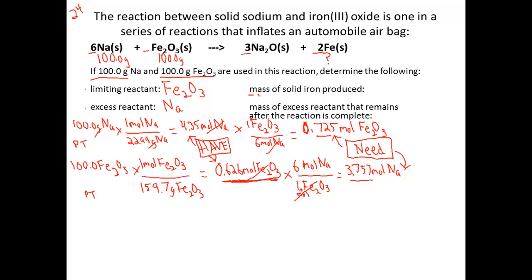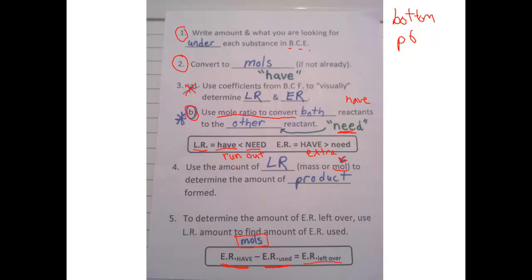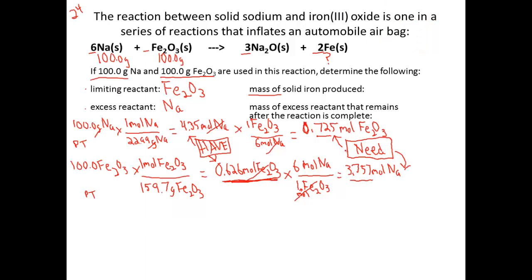So to find out how much mass of solid iron is produced, we're going to use the limiting reactant to find out how much product we can produce. So we have 0.626 moles of iron 3 oxide, and we want to find out how many moles of iron we can produce.